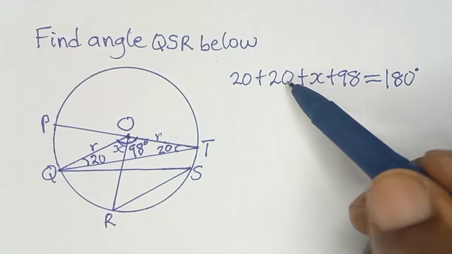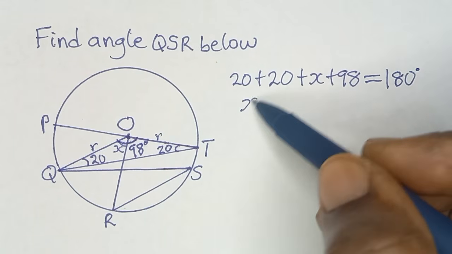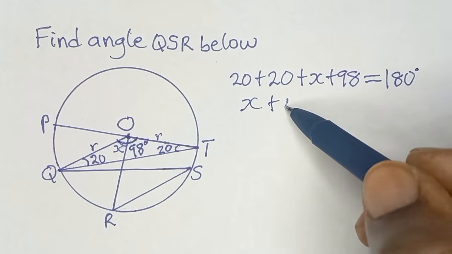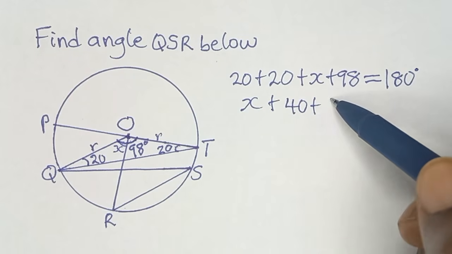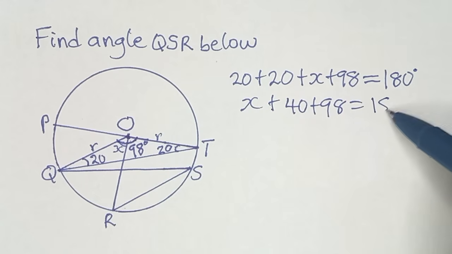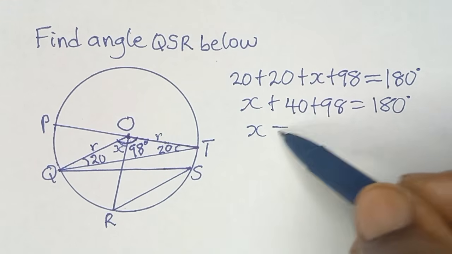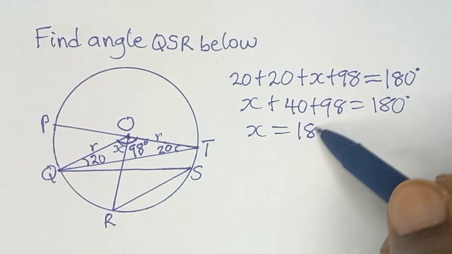So now 20 plus 20 is 40. Let me write X first. So I have X plus 20 plus 20, 40, and then plus 98. Everything is equal to 180 degrees. So X now will be equal to 180 on the right.